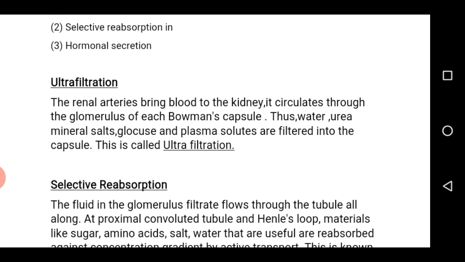From the blood that has entered into the Bowman's capsule, which we refer to as glomerulus, the filtration occurs, wherein water, urea, mineral salt, glucose, and plasma solutes are filtered inside this cup into the capsule or into the tubule, and that is called ultrafiltration.